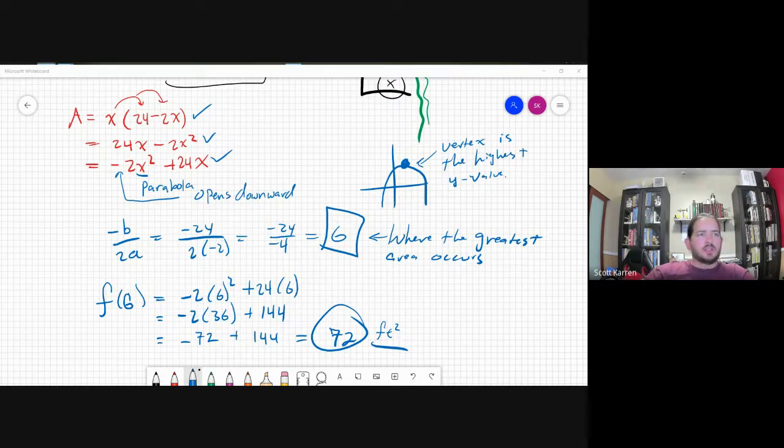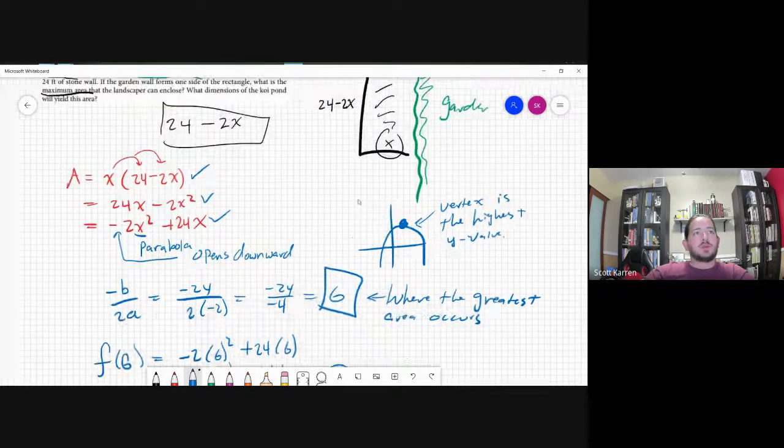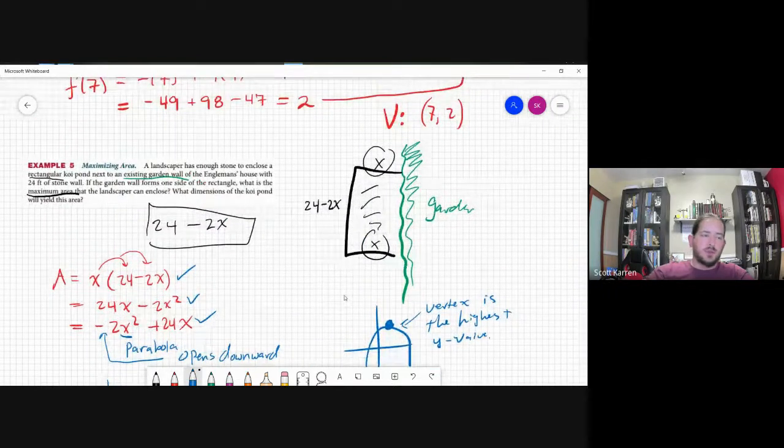So then the question also asks, what are the dimensions of the pond? So we figured out x is 6. We figured out the greatest area that we could get is 72 square feet. But the dimensions here, we already know one of them. X is 6. So that's one side of the pond. But the other one is 24 minus 2 times 6, or 24 minus 12.